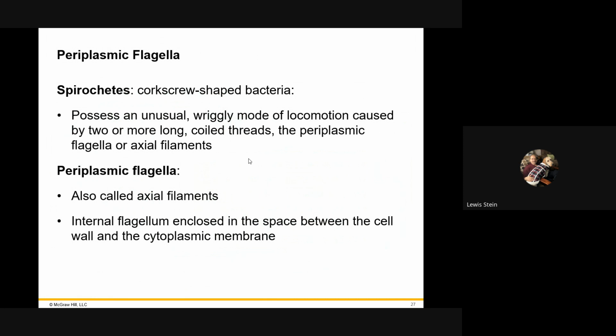What they used to do is have a string and you could rotate the stick this way. You know what I mean? To create movement back and forth. That's kind of like doing that. So these filaments are twisting back and forth, and in doing so, this spiral structure moves. They're called axial filaments, and it's something that you only see in these spirilla or spirochete forms.